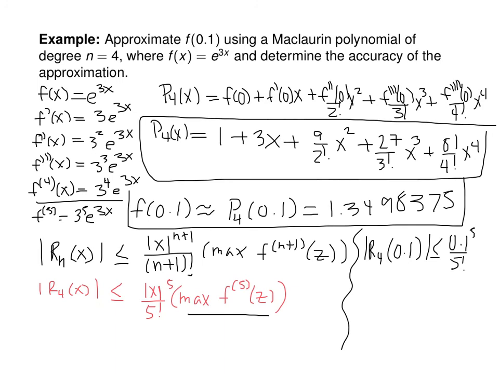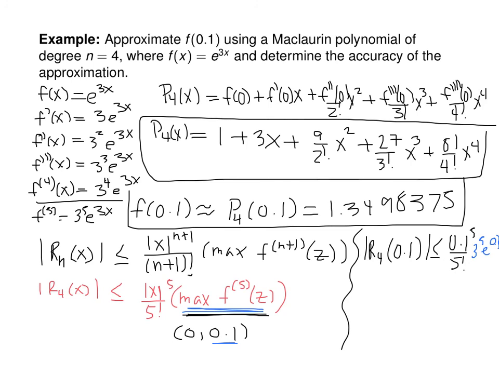Since the maximum is found on the interval from 0 to 0.1, and e to the 3x is an increasing function, the maximum occurs at 0.1. So the max of the 5th derivative will be given by plugging 0.1 into that 5th derivative. So for the max of f5, we plug in 3 to the 5th e to the 0.3.